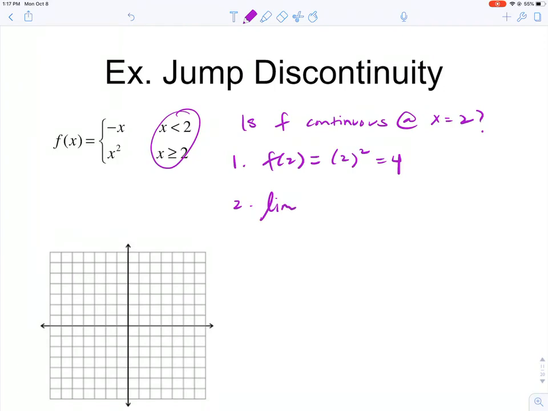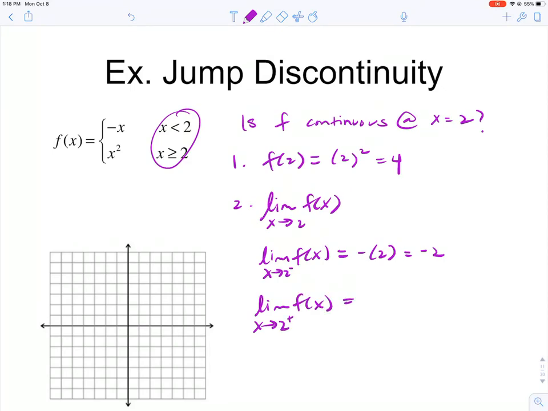So we want to then take the limit as x approaches 2 piecewise, so we'll take the one-sided limits. Okay, so I'll substitute into the first piece. And then the limit as x approaches 2 from the right. Okay, so the two-sided limit does not exist because the one-sided limits don't agree.